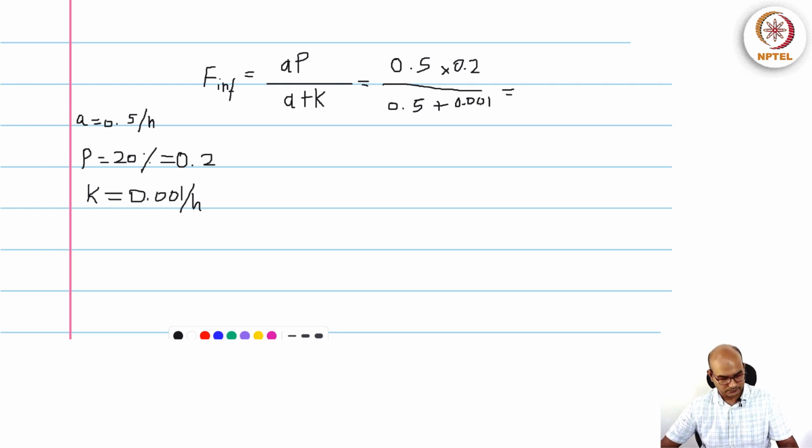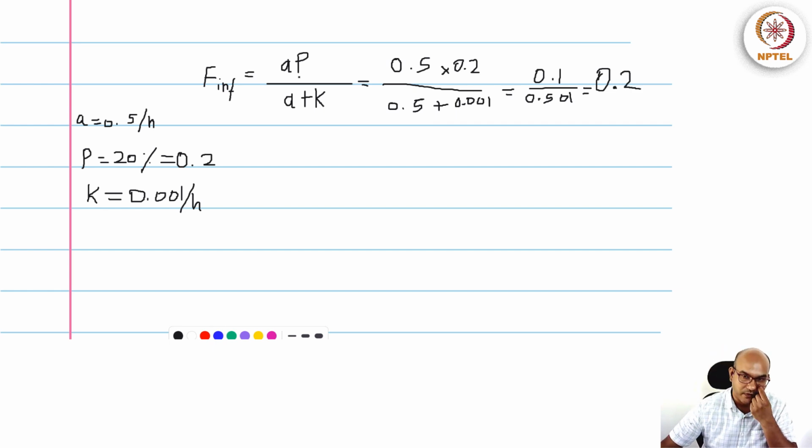This is equal to 0.1 divided by 0.501, which is approximately 0.2, which is basically equal to our penetration factor. This is because the decay is very low. So that's the first part.